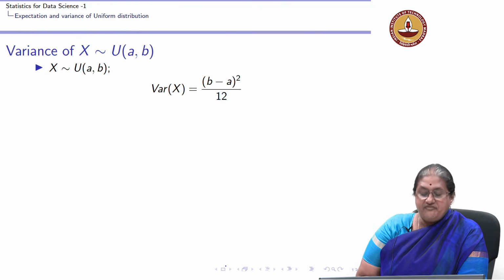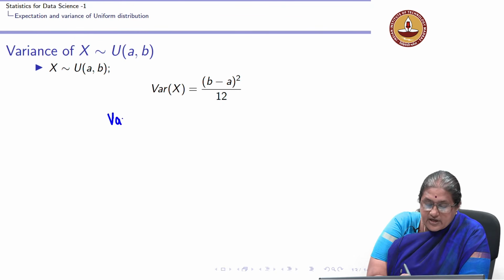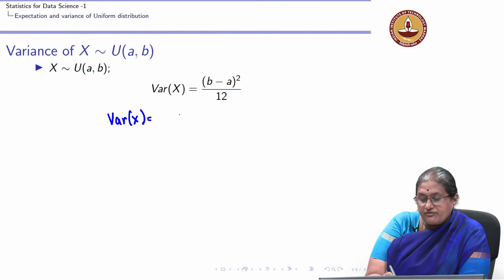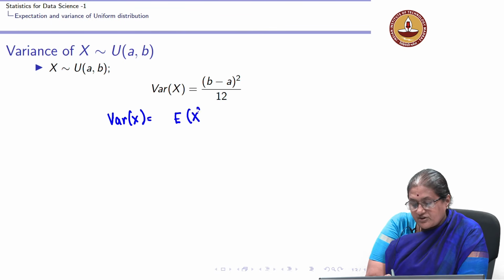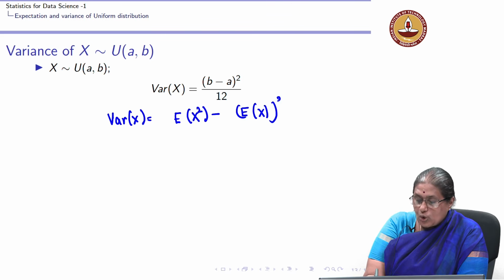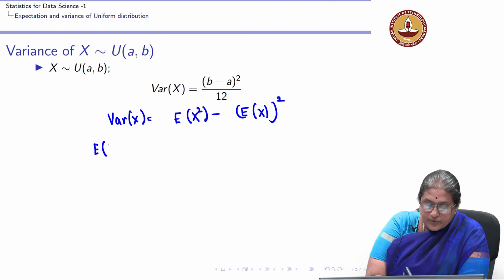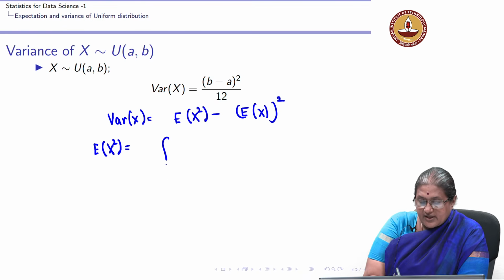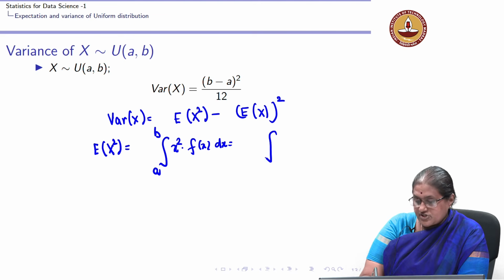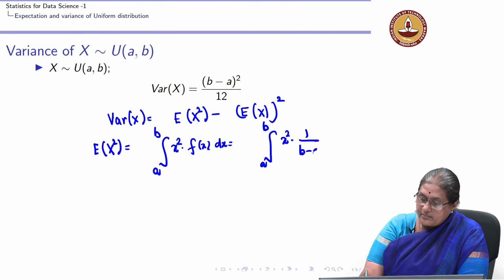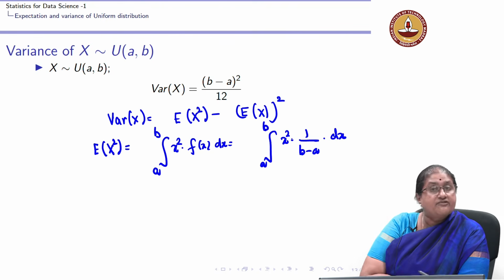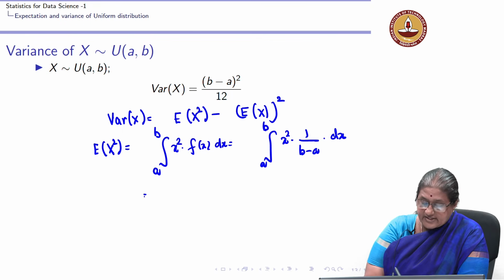Now, let us look at the variance. To compute the variance, we use the computational formula, which is expectation of x square minus expectation of x whole square. Expectation of x square is the integral from a to b of x square f of x dx, which is x square into 1 by (b minus a) dx, because f of x is 1 by (b minus a).